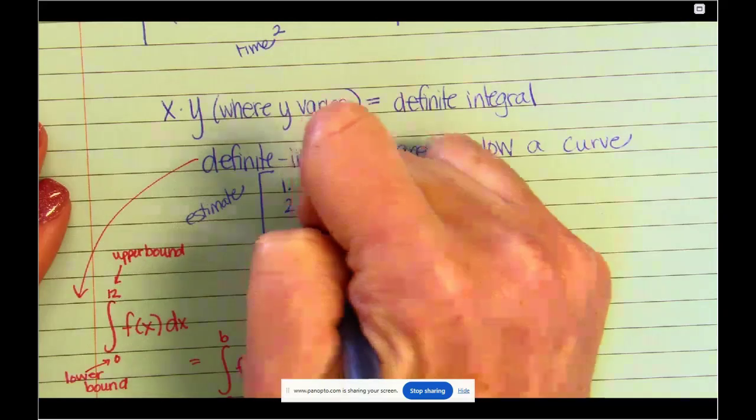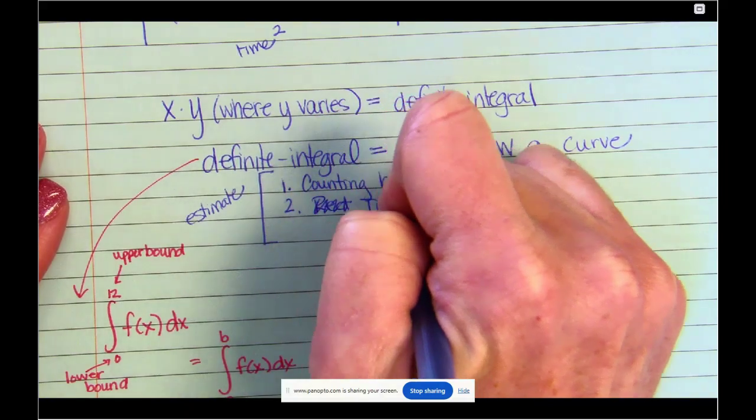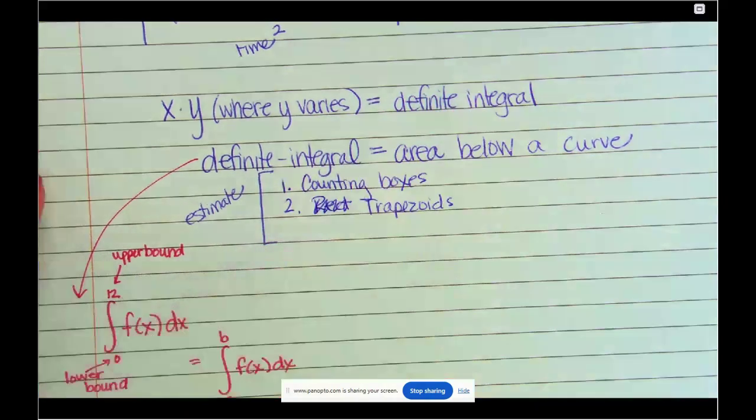We've talked about now 3 ways to get this. What's the first one? Count the boxes. Yep, that's the first one. What was the second one that we talked about? Rectangles. Trapezoids. Yep. And then the third one?